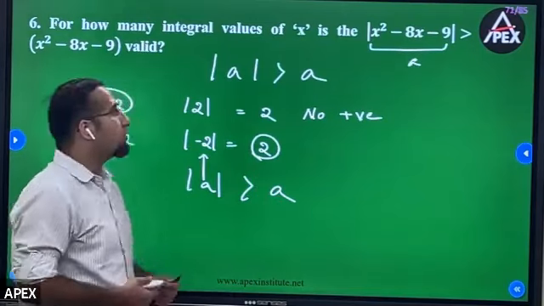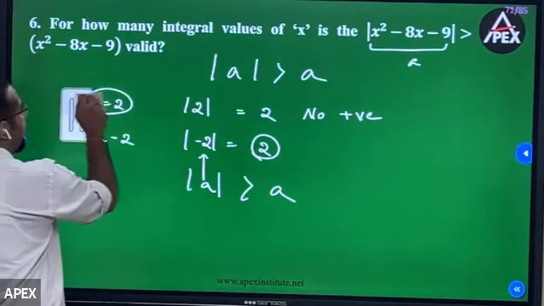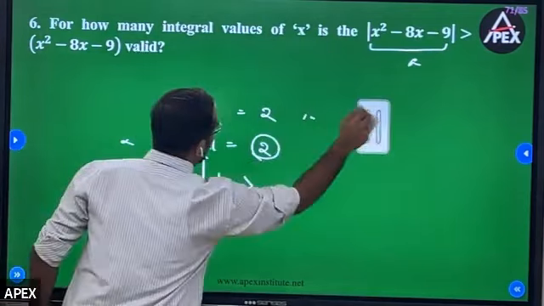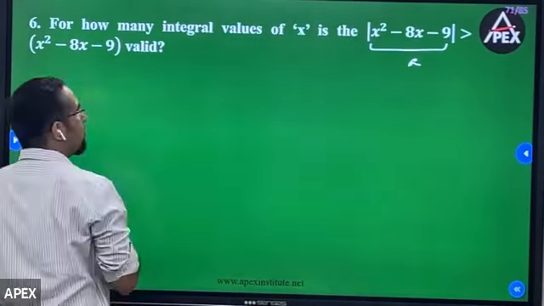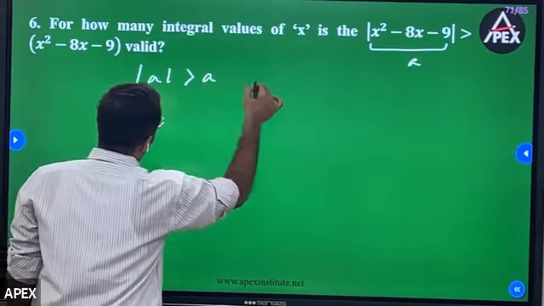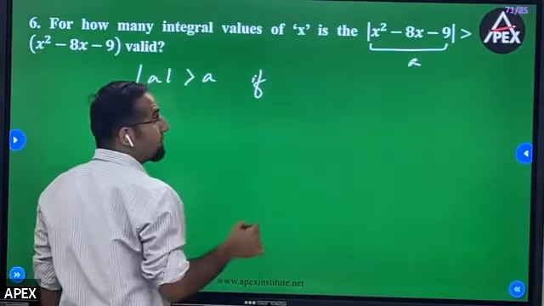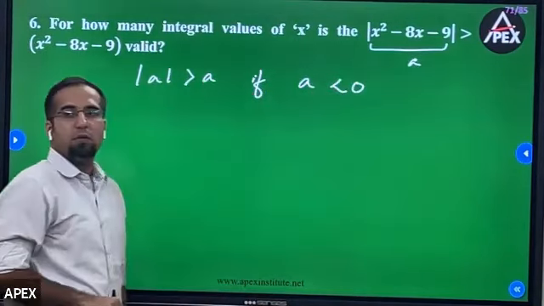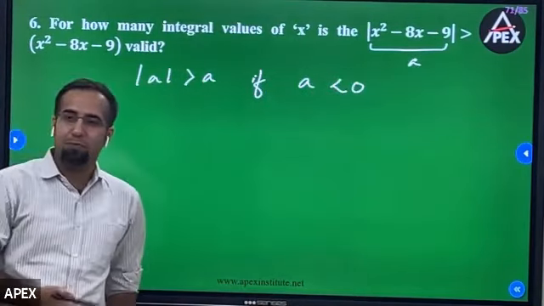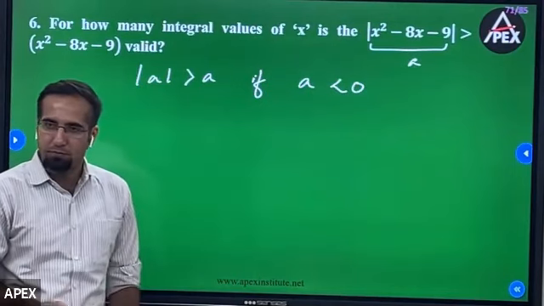Right? So in short, instead of solving this mathematically, all you could directly do is, I know that mod A will be greater than A if and only if the value of A is less than 0. See, mathematically also you can go ahead and calculate, no problem. Clear?